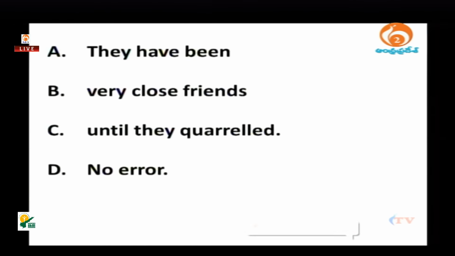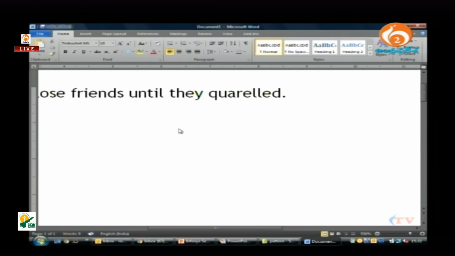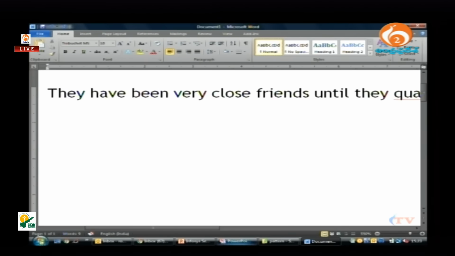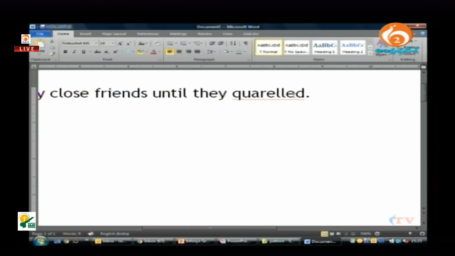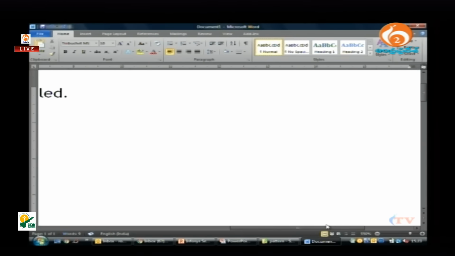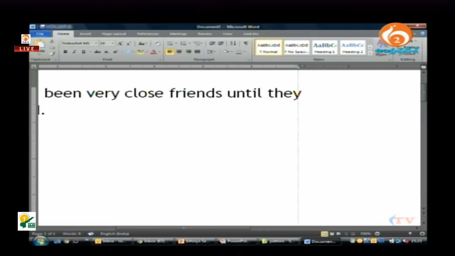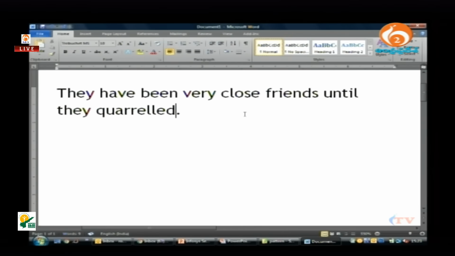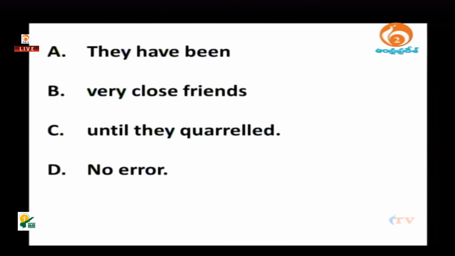Okay. Sorry, they have been is the question. I am so sorry. I was just making a grammatically accurate statement here. The question stem says they have been very close friends until they quarreled.